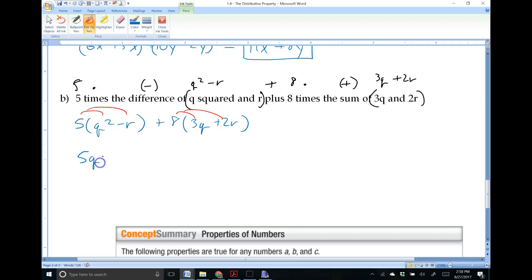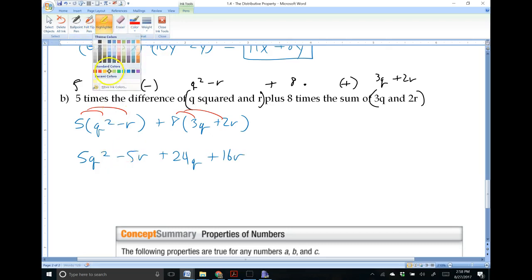So 5q squared minus 5r plus 8 times 3, that's 24q plus 16r. All right. So usually when I get here, I like to circle all the things I can add up, or I like to highlight the things. So like, let's use the actual highlighter here. So I have an r here and an r here, and they both have the same variable and same exponent.